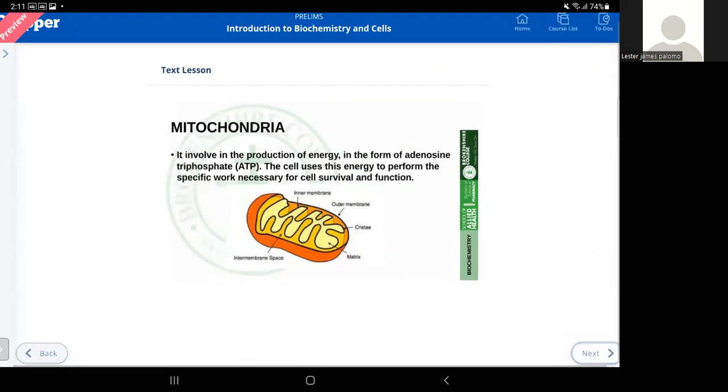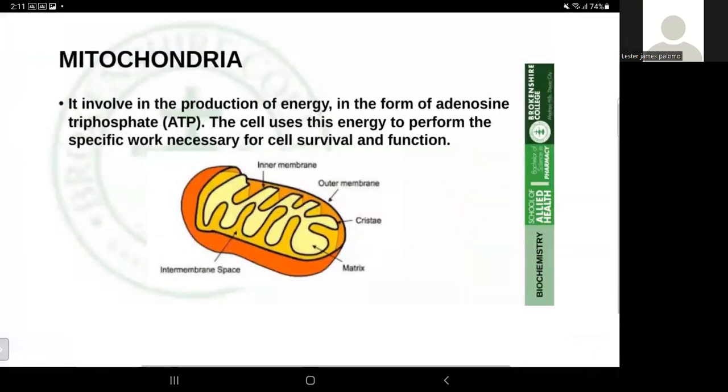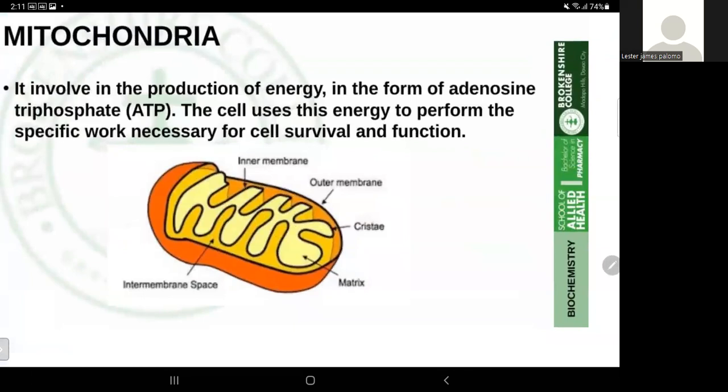And take note, your mitochondria has both an inner and outer membrane. And one of its special formations is the curve. The curve is like it is coiled inside, and that is your crista, or cristae. The purpose of having cristae is for more energy storage, or more glucose storage.